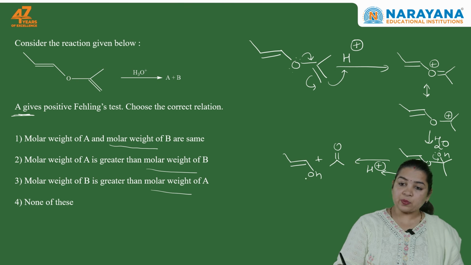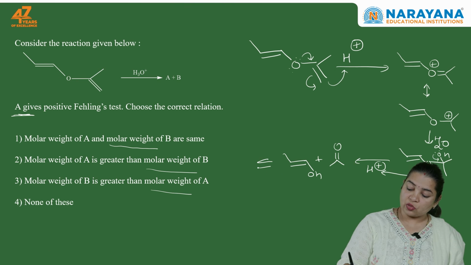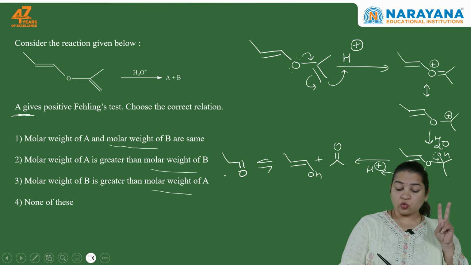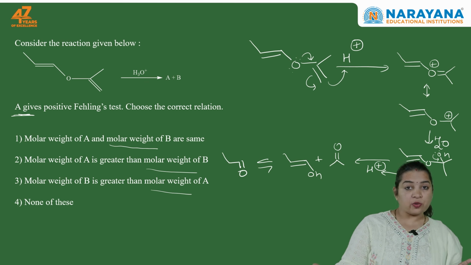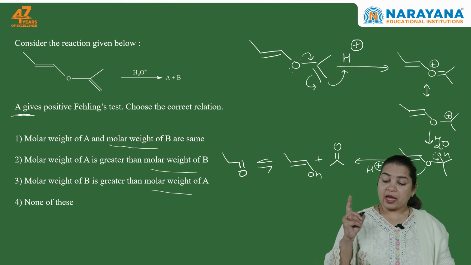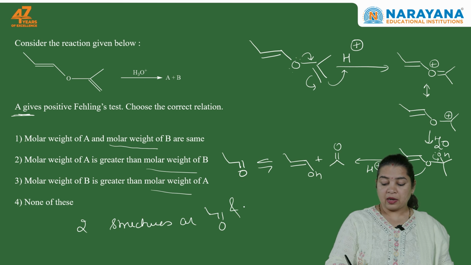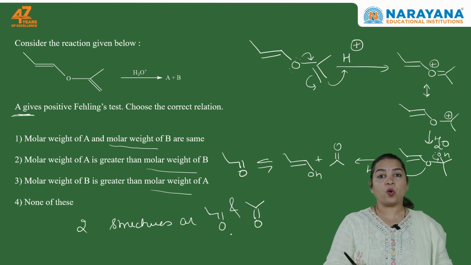And in this particular enol structure also, if I tautomerize it, I will get an aldehyde. So now I have got two structures. I don't know which one to take, A or B. Let us decide. I have got two structures, one is propanal, the other is propanone.